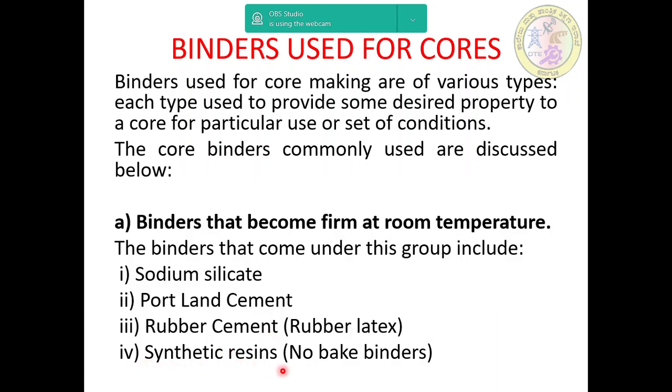Here synthetic resins like phenol and urea formaldehydes are used as binders, and then they are mixed with hardeners and catalyst to bring about a chemical reaction. Strength development in cores takes place within a few minutes after mixing.